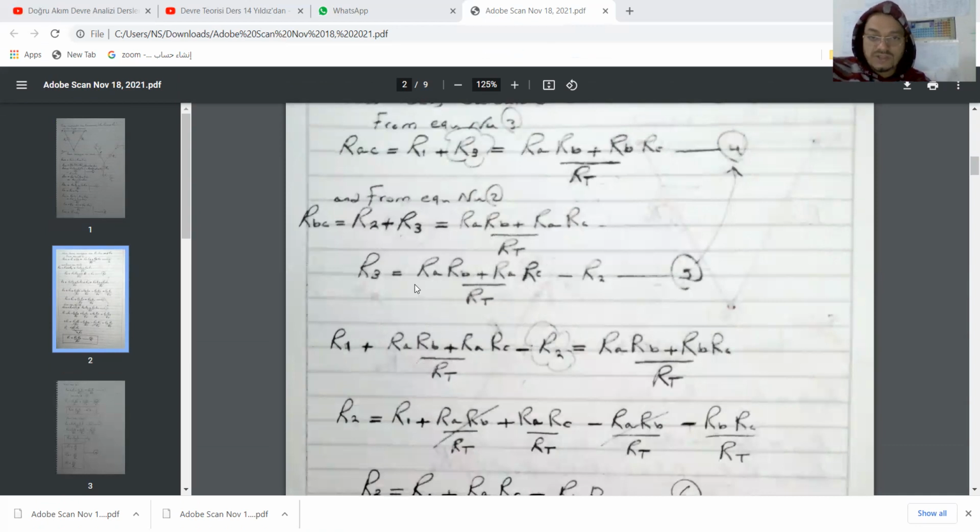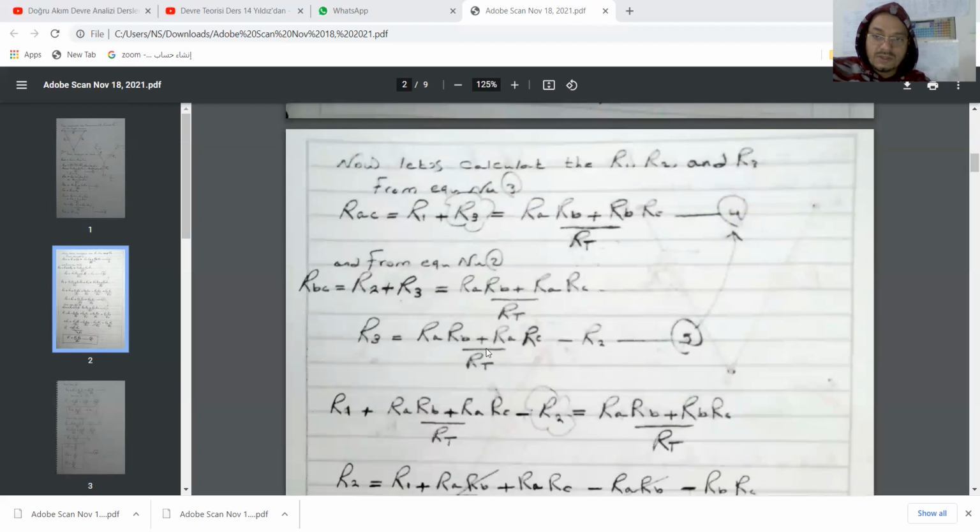Let's put equation number 5 inside equation number 4 here, because R3 equals, I just put R2 with minus at the right side to be like that, RAB plus RAC divided by RT minus R2.